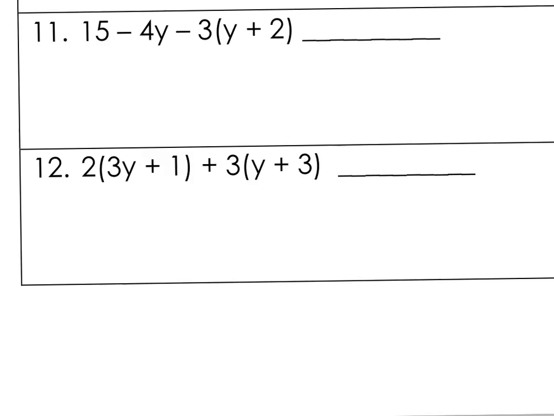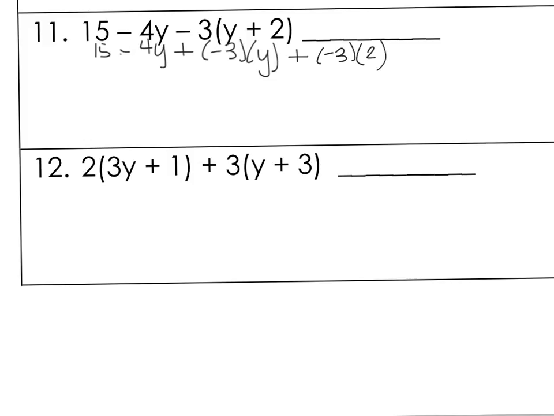Okay, so this one, look what I'm distributing. I'm not just distributing a 3, I'm distributing a negative 3. So 15 minus 4y, I'm going to put a plus here because I am distributing negative 3 times y plus negative 3 times 2.